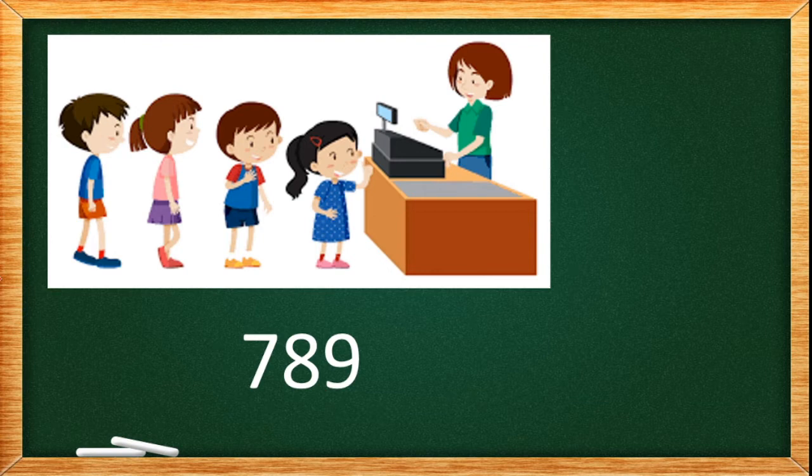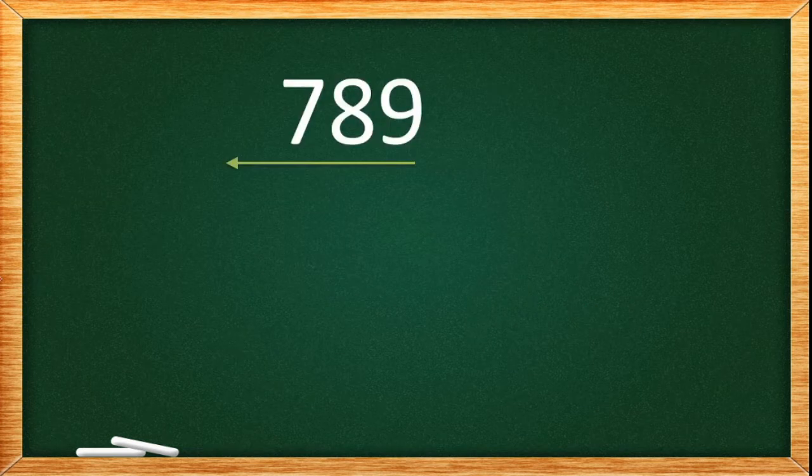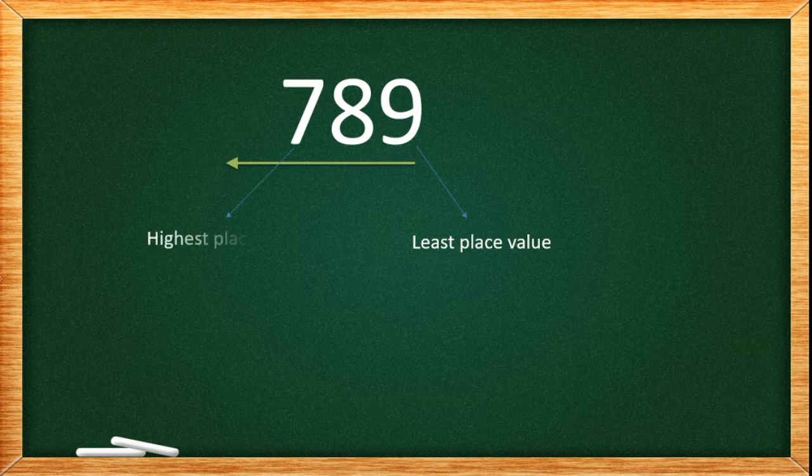Before we start discussing place values, we will discuss places in the Hindu-Arabic numeral system. In this number, the rightmost digit has the least place value and the leftmost digit has the highest place value.